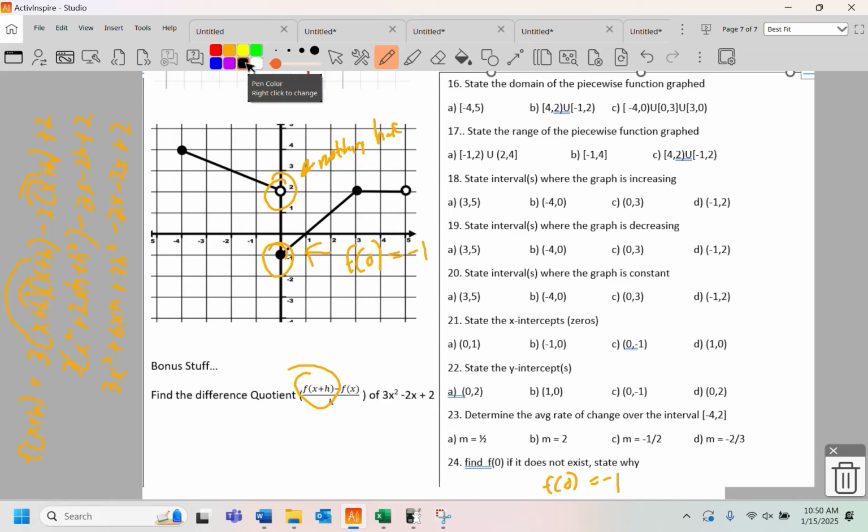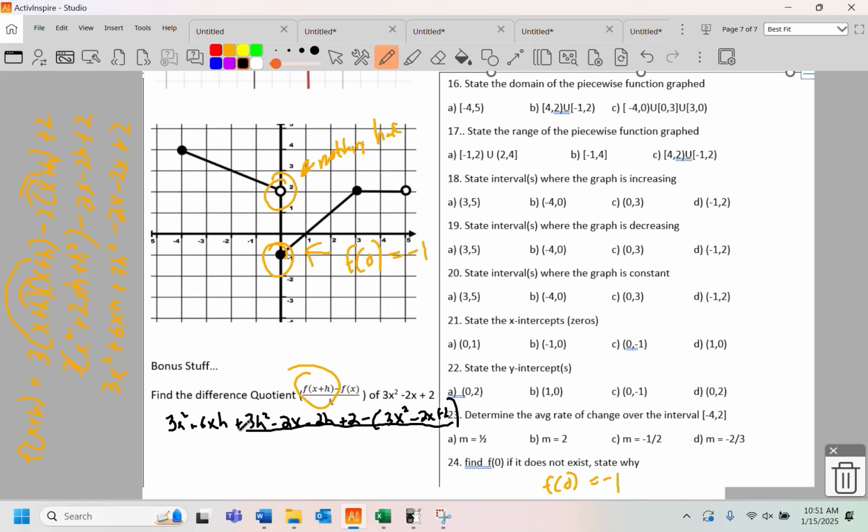So let's go back to the rest of this. I have 3x squared plus 6xh plus 3h squared minus 2x minus 2h plus 2. And I'm supposed to take away the original function. So I'm supposed to take away 3x squared minus 2x plus 2.